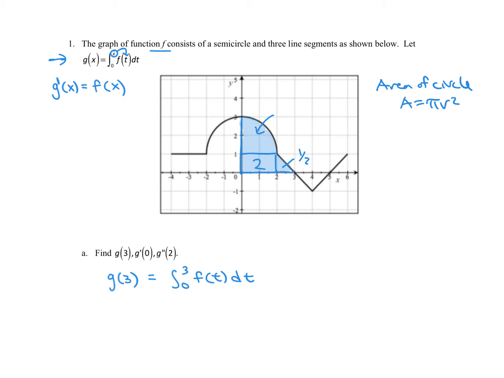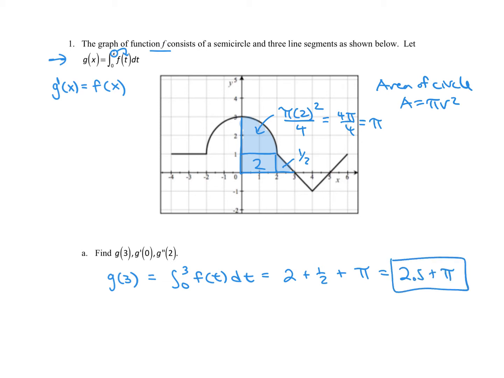The radius of this circle is 2, so I'm going to do pi times 2 squared and divide it by 4, because that little chunk is only 1/4 of a circle. And that gives me 4 pi over 4, or just pi. So back to this integral, which represents that area, it's going to be 2 plus 1/2 plus pi, or we could say 2.5 plus pi, or if we wanted to do it with common denominators, 5 over 2 plus pi would work as well.